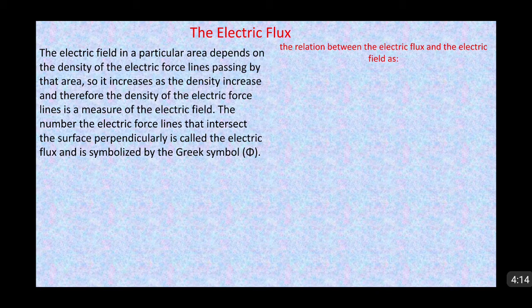So it increases as the density increases, and therefore the density of the electrical force lines is a measure of the electrical field. The electric force lines that intersect the surface perpendicularly are called electrical flux and symbolized, or we can show this figure. Do you remember?